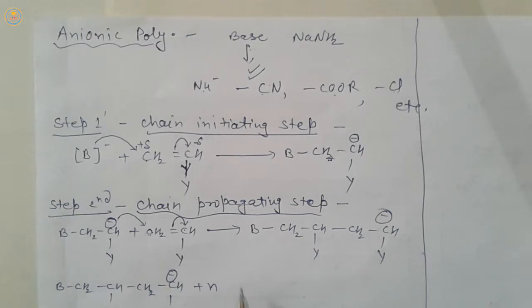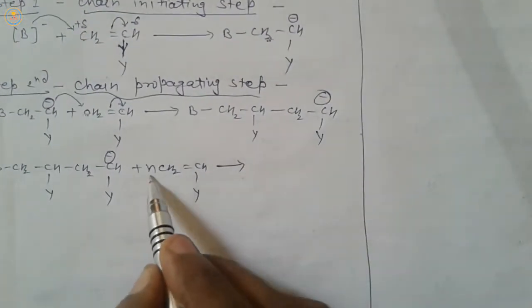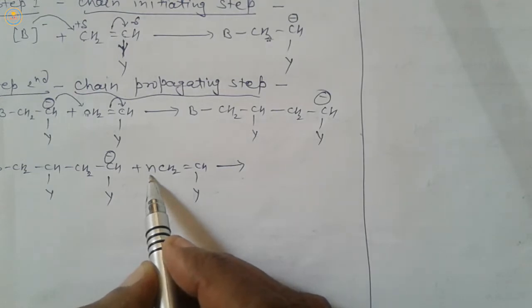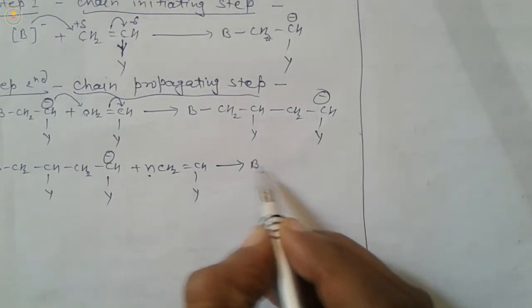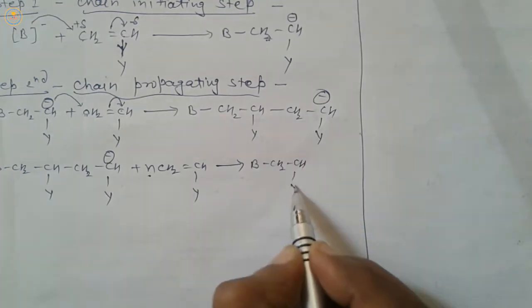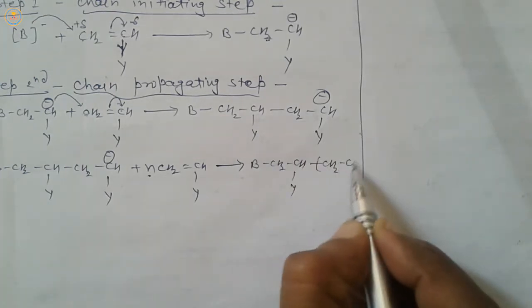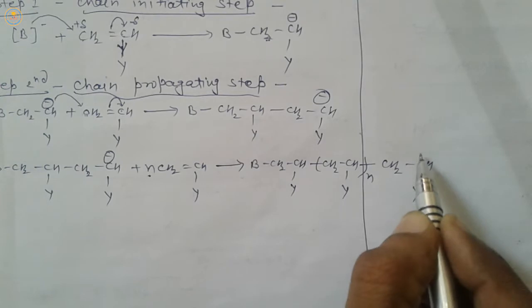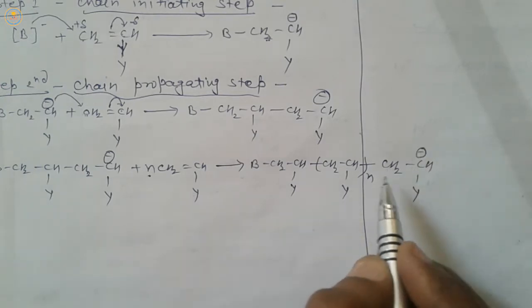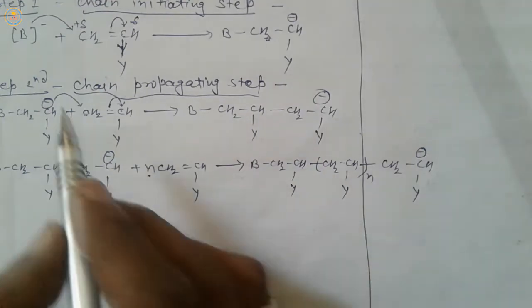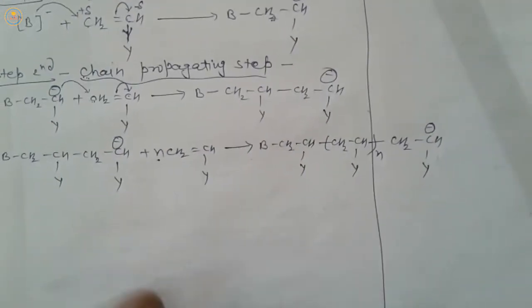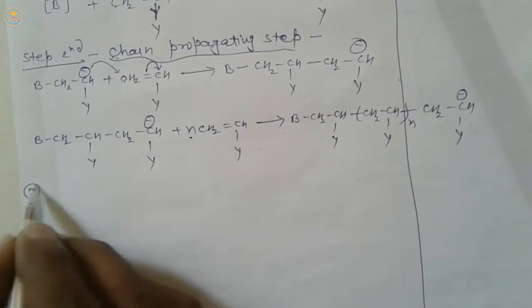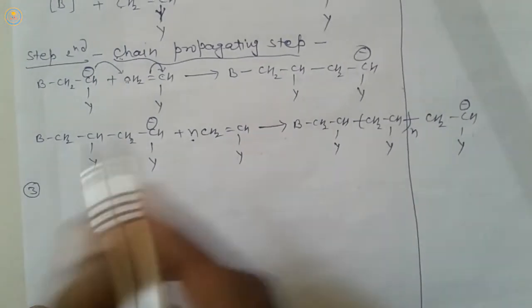Suppose that n units of monomer are present in the reaction mixture. After polymerization, a new and bigger carbanion is formed in that step. Now next step third, chain terminating step.